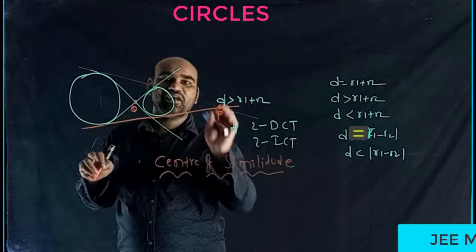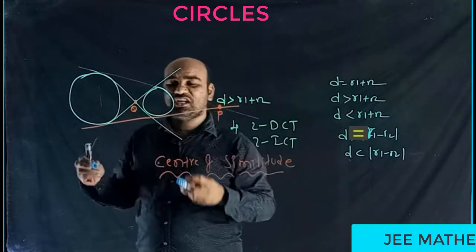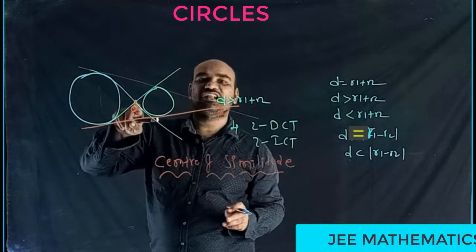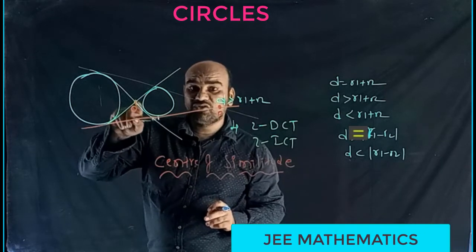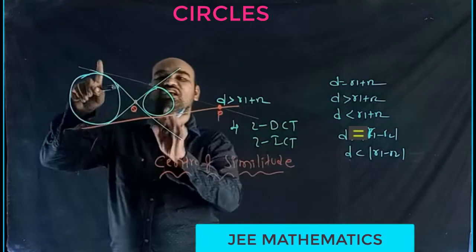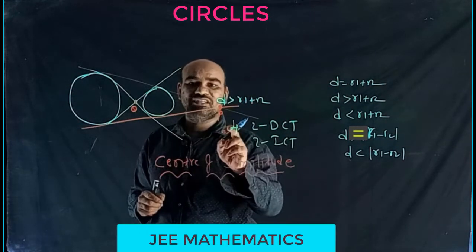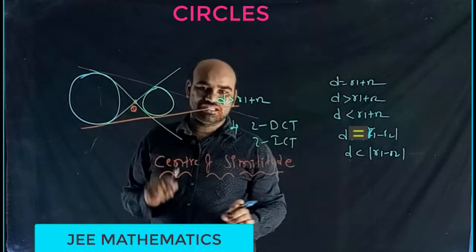Especially Q and P are called centers of similitude. The special name for Q is internal center of similitude, and for P, external center of similitude. Internal center of similitude means the point of intersection of transversal common tangents for two circles. External center of similitude means the point of intersection of direct common tangents for two circles.